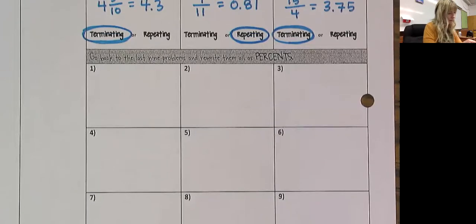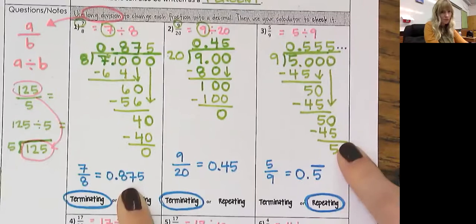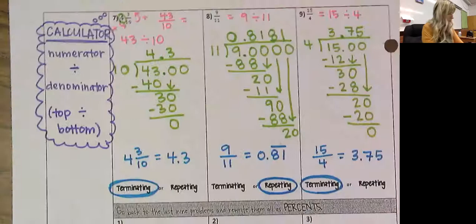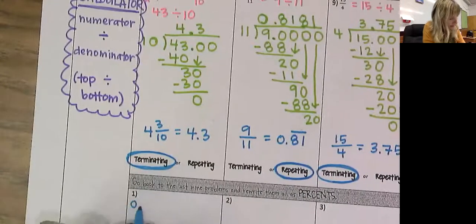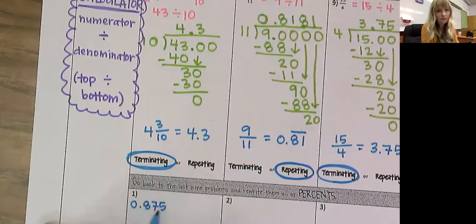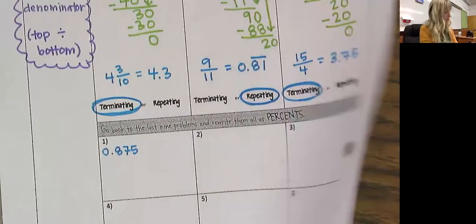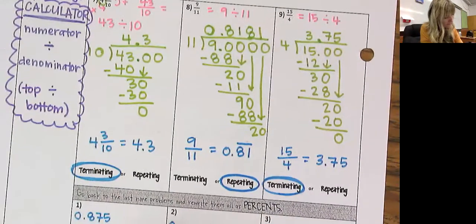I'm going to go back through, and let's flip back. Okay, so I'm writing down these. Number 1 was 0.875, so I'm coming back here. First, I'm just writing them all as decimals. Number 2 was 0.45.